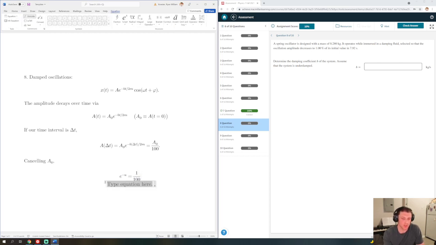And if we take ln of both sides, then what we find is negative u equals ln of 0.01, right? Like this. And then you would just multiply both sides by negative 1. Then you have u, right?